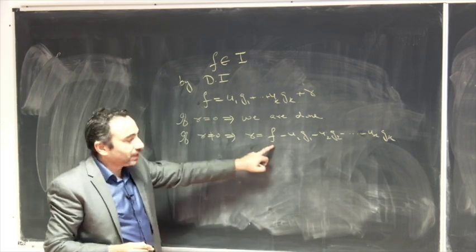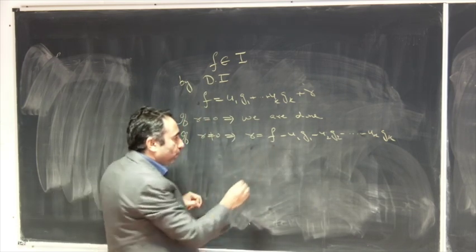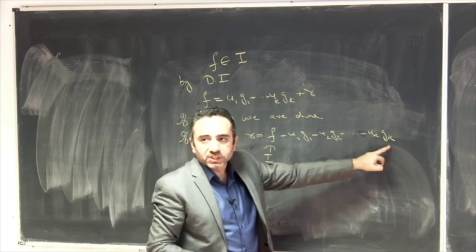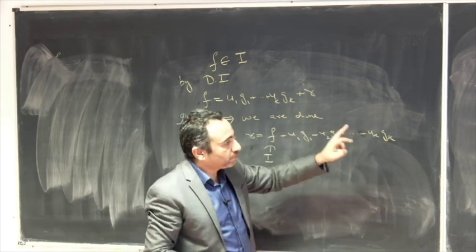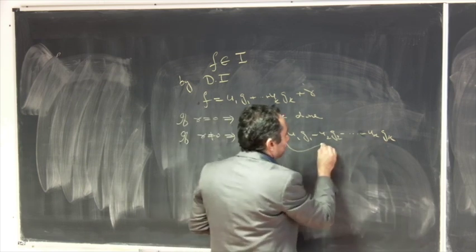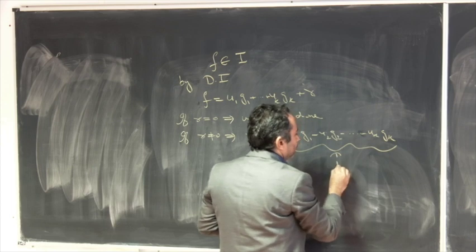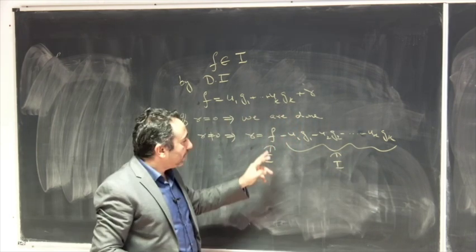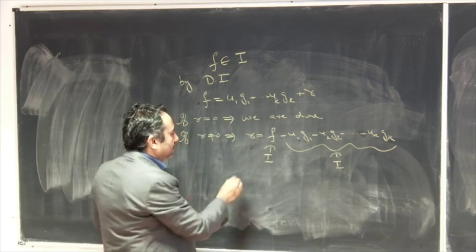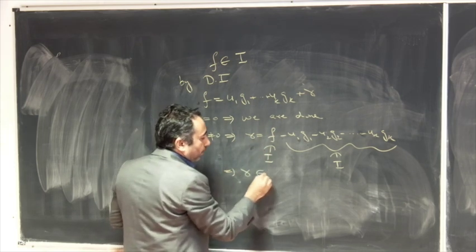Now we are taking this f from I, so this belongs to I. This g1, g2, gk are also taken from ideal I, so this combination will belong to I. So this difference will also belong to I. So that means this r belongs to I.